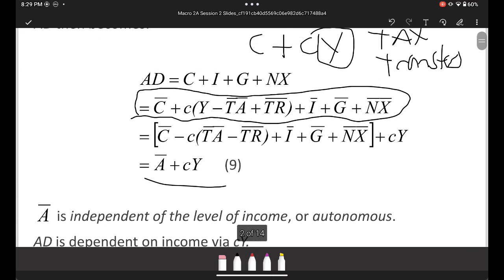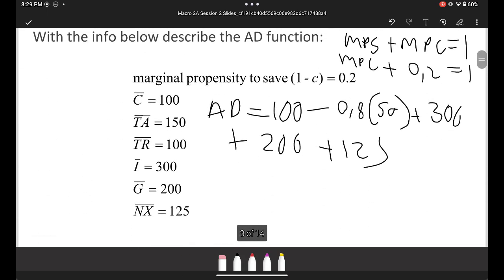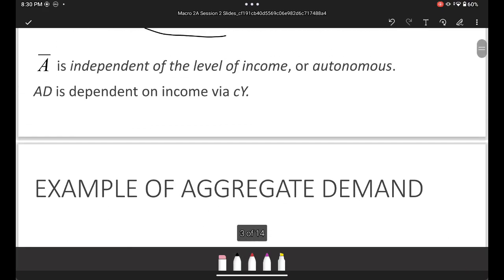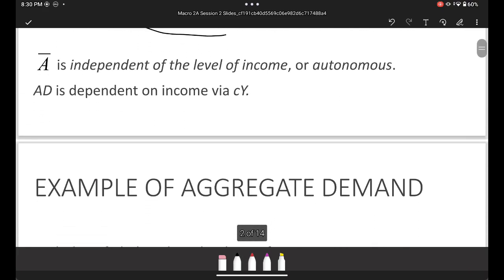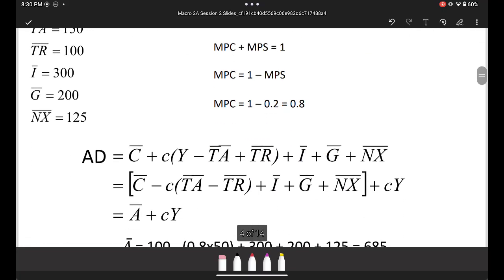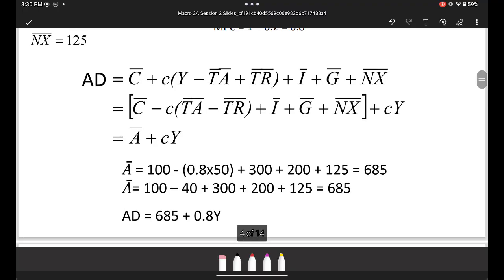And I think the last thing is plus CY. So don't forget the brackets over here. All this was autonomous, plus CY. C is obviously the MPC times Y. So where's Y? Let me see, one second.